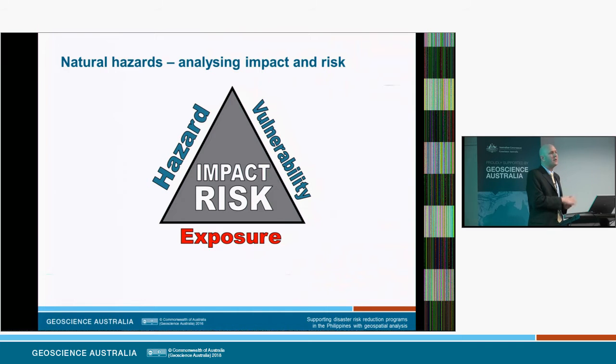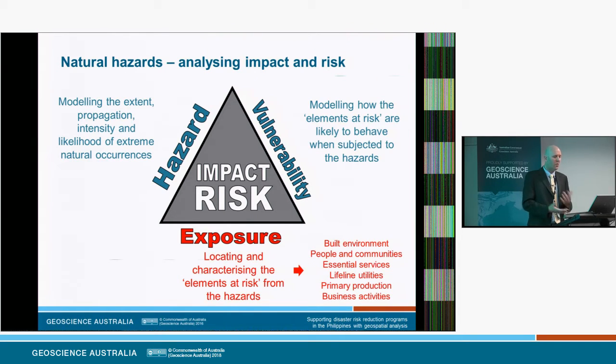But we can also look at the indirect impacts, the downstream effects that those impacts have. So you could think of risk analysis as being the who, the what, the where, and the how of disasters.